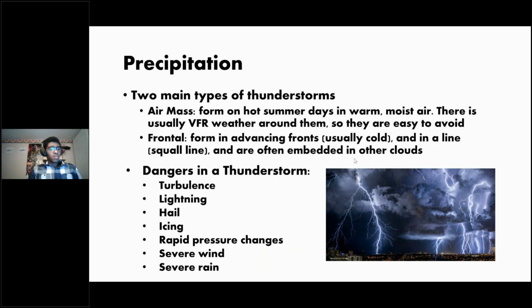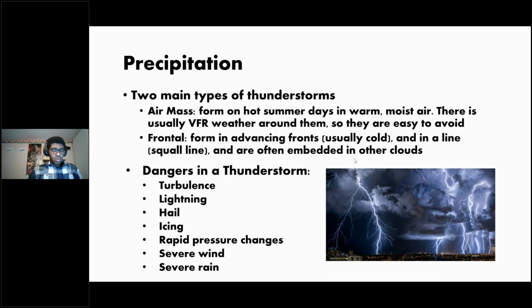The reason these are so dangerous is that, remember we said fronts and air masses can be almost an entire continent across, so they can be a very long line of thunderstorms. And because you get a lot of clouds in general that form at the intersection between two different air masses, a cold and a warm, you might not be able to tell that there's a thunderstorm forming in what might look like just an overcast sky of cumulus clouds. Those can be pretty dangerous, as opposed to air mass thunderstorms, which you can typically tell are forming in a very isolated way.